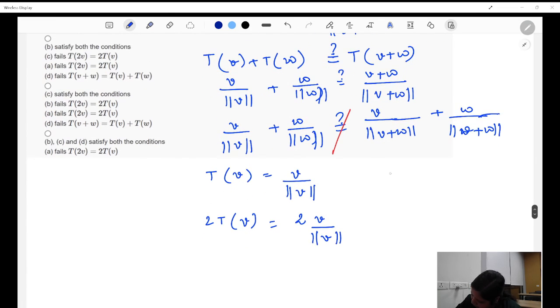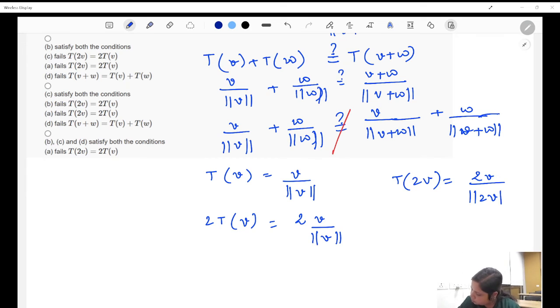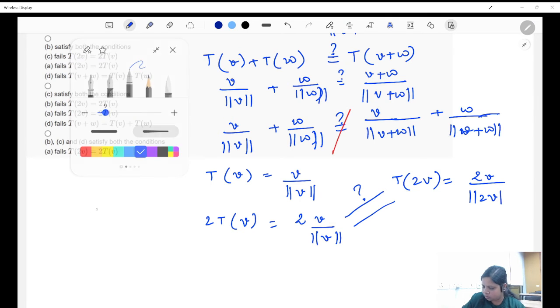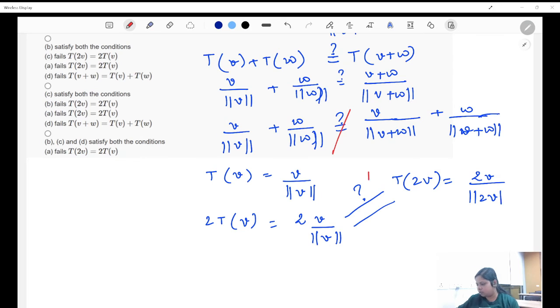T of CV, that is T of 2V, if we want to do, what would it be? 2V upon norm of 2V. So if you compare both of them, are they equal? No, ma'am, they are not equal. Already given in all options, A fails.